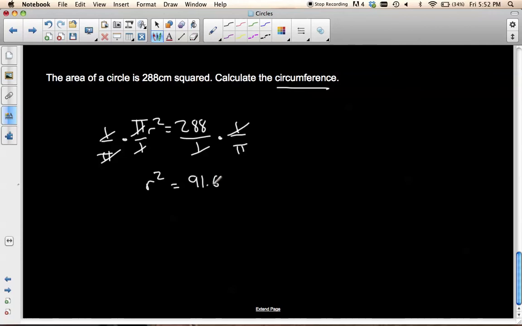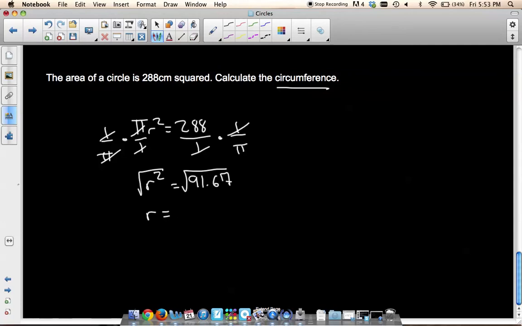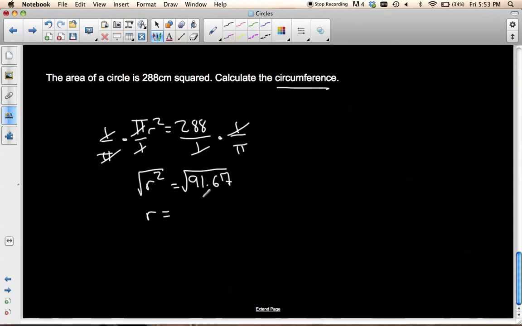or 91.67. I do the square root to isolate my r, but remember, whatever I do to one side of the equation, I must do to the other, and that means that my radius is 9.57. Now that I have the radius, I can calculate the circumference. So we know that 2 times pi times the radius will give me the circumference.